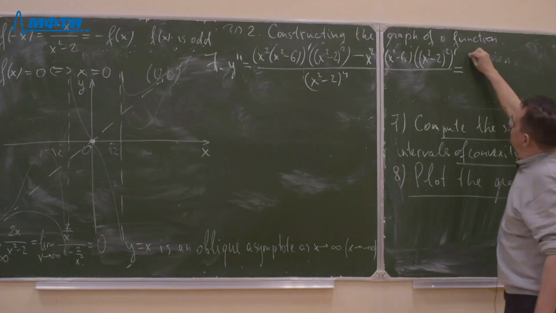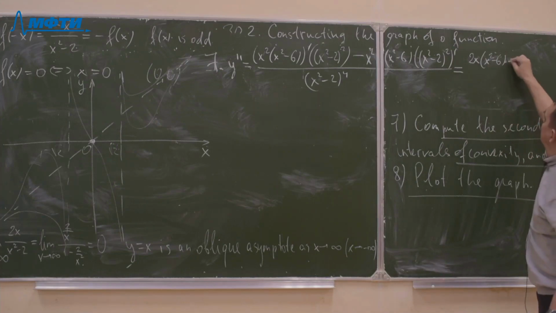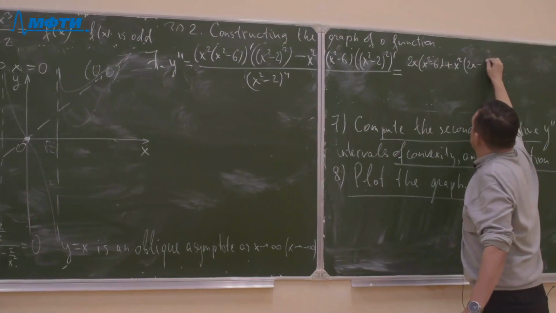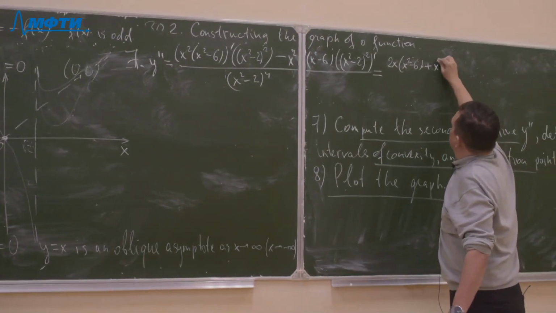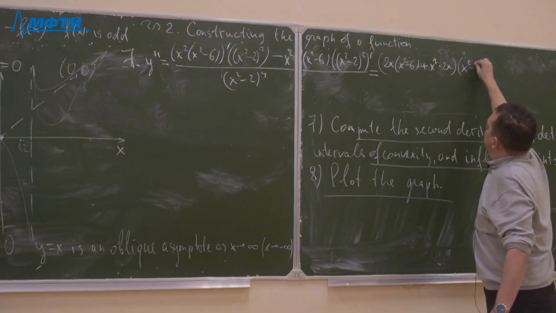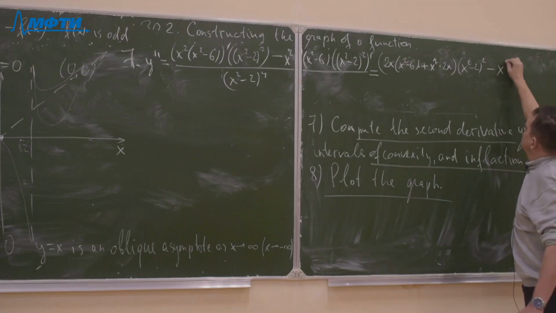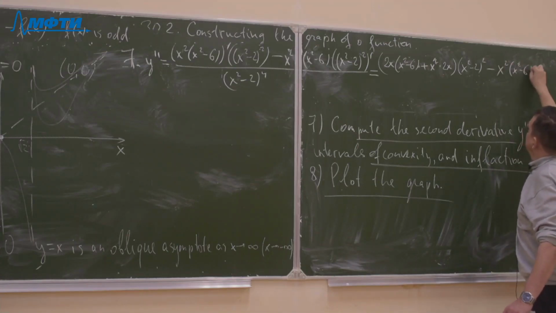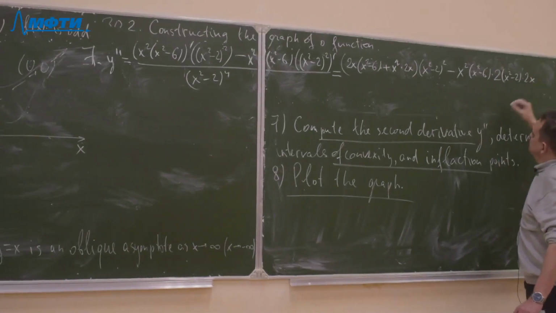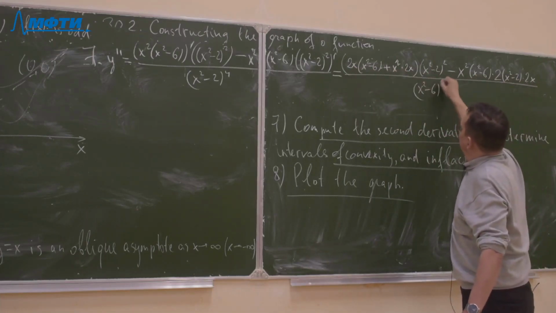It gives 2x times x squared minus 6, plus x squared times 2x, times x squared minus 2 squared, minus x squared times x squared minus 6 times 2 times x squared minus 2 times 2x, over x squared minus 2 to the power 4.